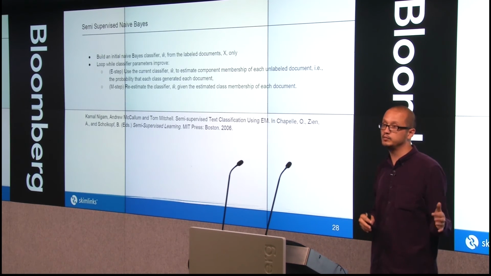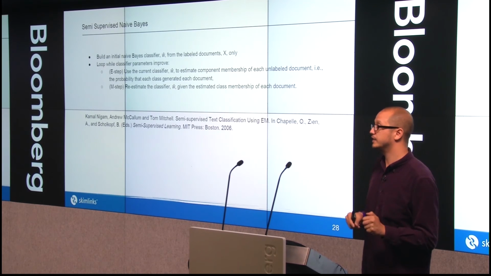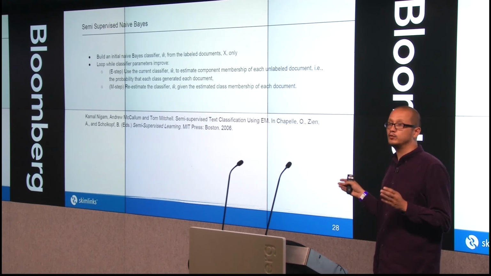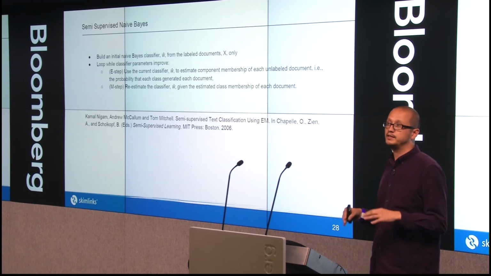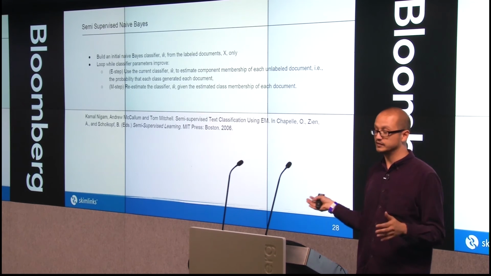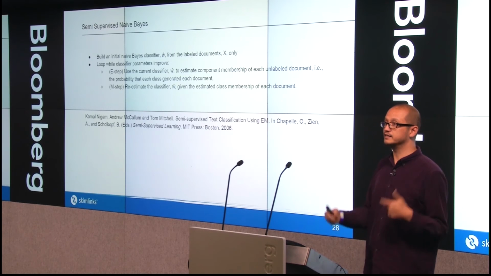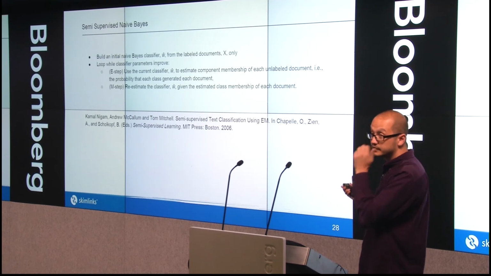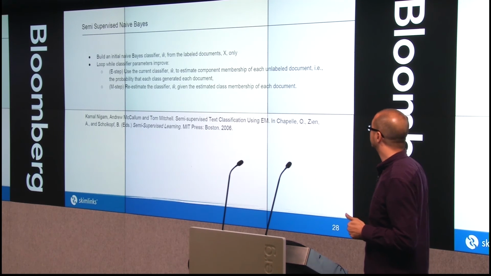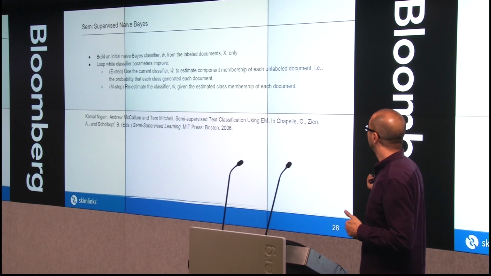So you give it some labeled data as a seed set, and you give it a load of unlabeled data, and it will figure out a new set of labeled data by predicting labels from the unlabeled set, and then it will use that to retrain itself. It's a concept called self-training. And for statisticians, this is an instance of the expectation maximization algorithm.